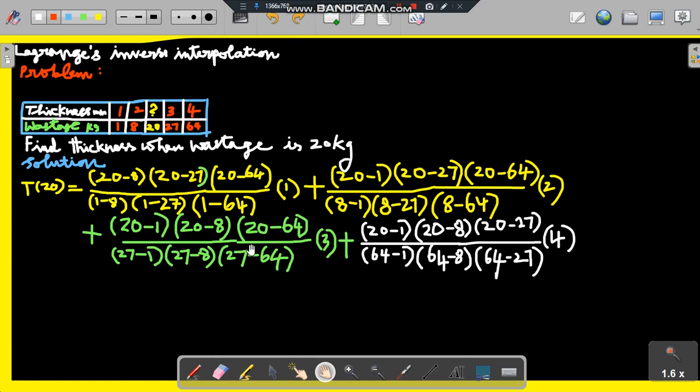This is the way we calculate the value of t when the wastage is 20.